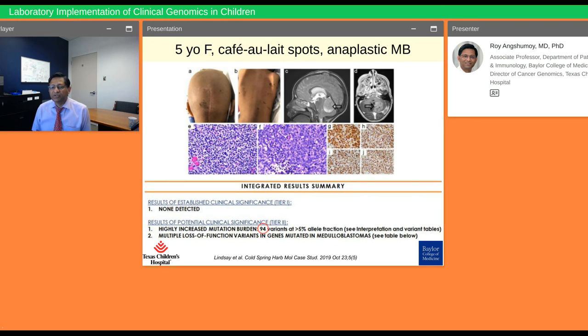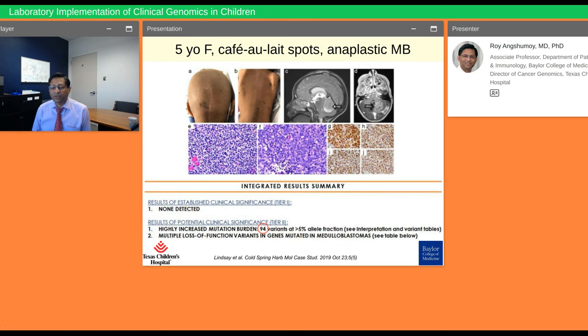So in G, H, I, and J, we show that by protein immunostaining for these mismatch repair proteins, we were able to rule out that there were any mismatch repair mutations in this patient.